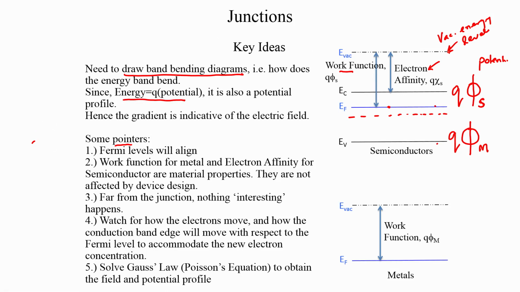So the energy difference between the vacuum energy level and the Fermi level is the work function of the semiconductor, and the difference between the vacuum level and the conduction band edge is the electron affinity of the semiconductor, which we will represent by the symbol chi, with subscript S for a semiconductor.